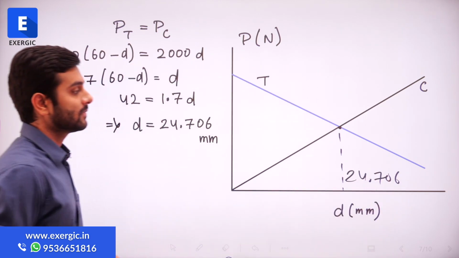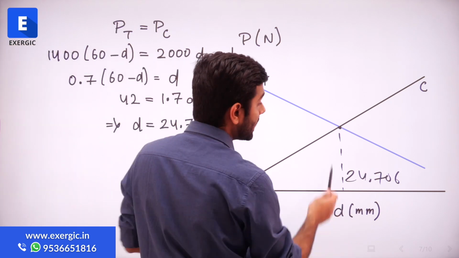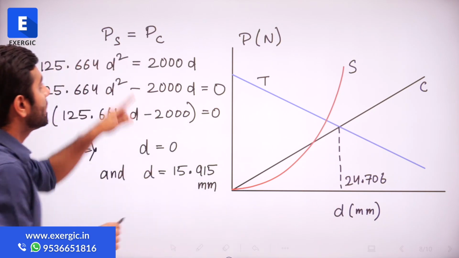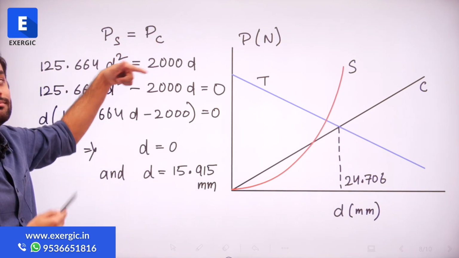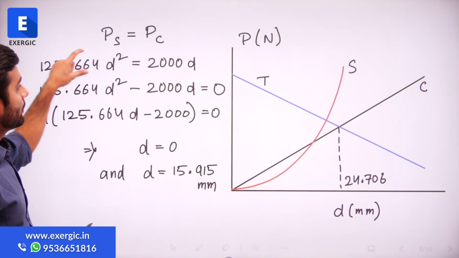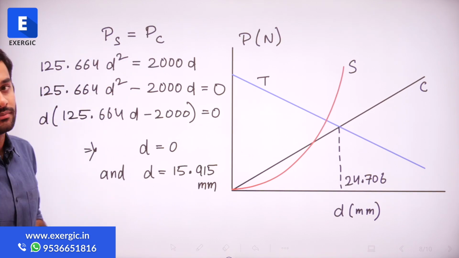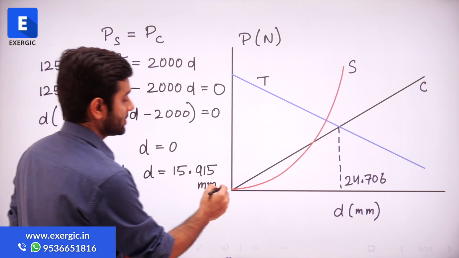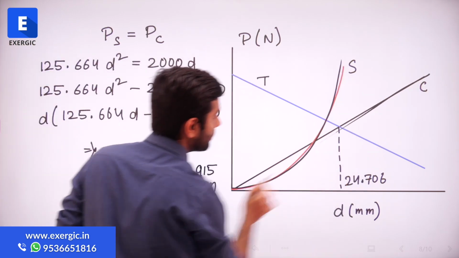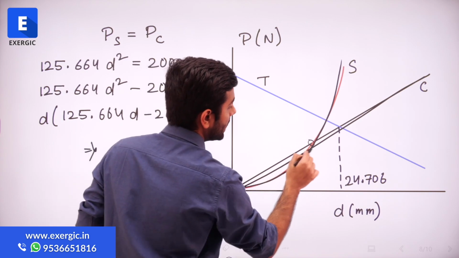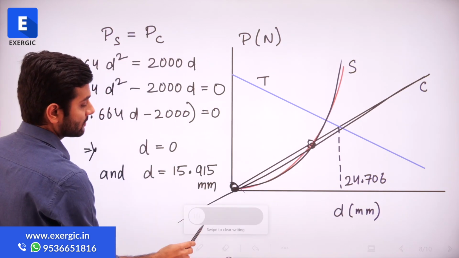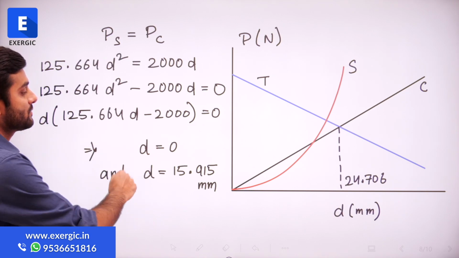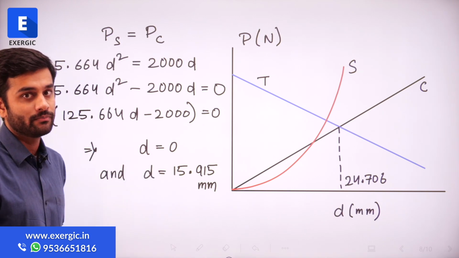Now to check whether the shear line is passing before or after that, what can we do? We have equated the shear line with the compression line. When we equate that, we get a quadratic equation. If we solve that quadratic equation, we will get 2 points, because the shear stress line is crossing the compression line at 2 points, here and here. If you solve this quadratic equation, d equal to 0 is possible, and d equal to 15.915 is also possible.